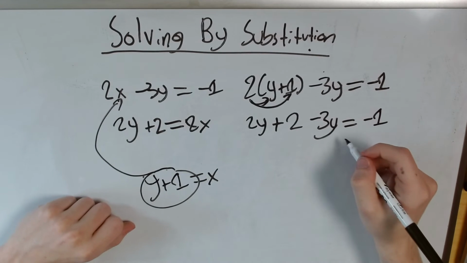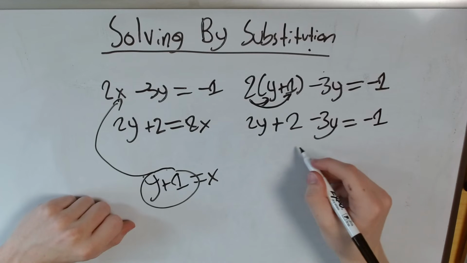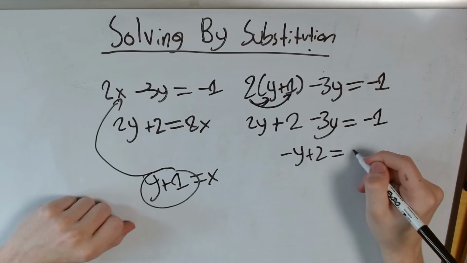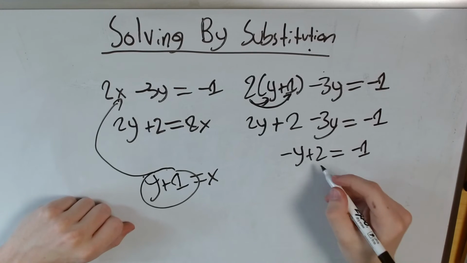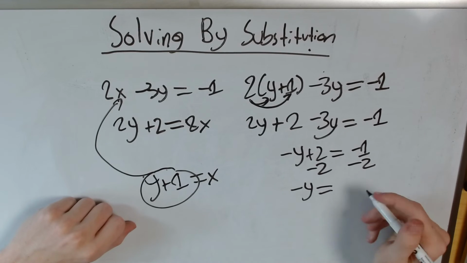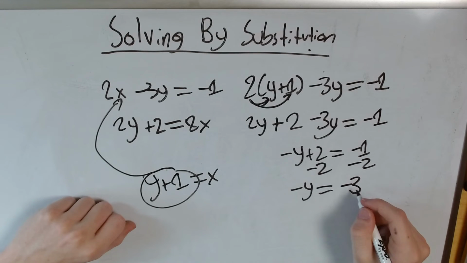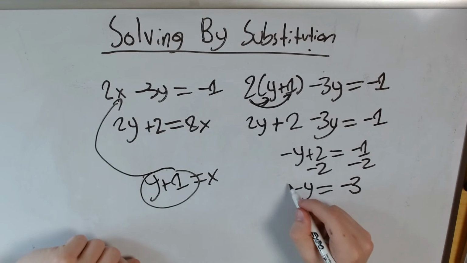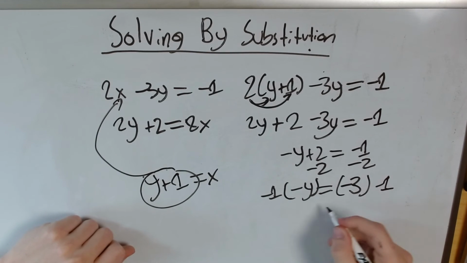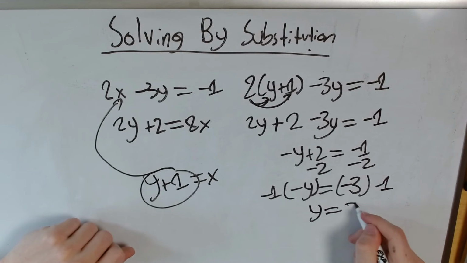I'm going to combine like terms. So 2y minus 3y is negative y plus 2 equals negative 1. Then I'm going to get rid of this 2 by subtracting. I have negative y equals negative 3. And now it seems here that if I want to multiply by negative 1 to get y instead of negative y, I'll have that y equals 3.